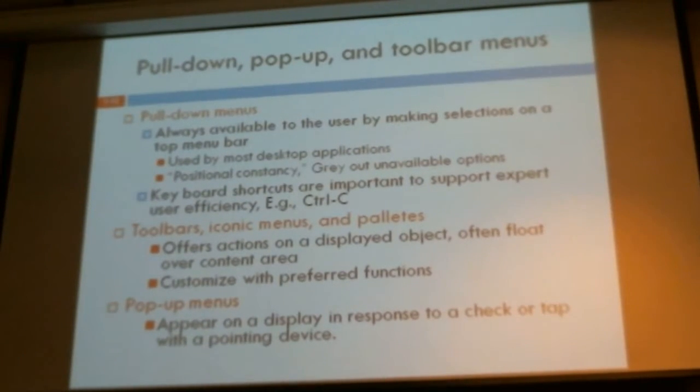There are also pop-up menus, which appear on the display in response to a click or a tap with a pointing device. Where do we see pop-up menus a lot? That's more of a dialog box.